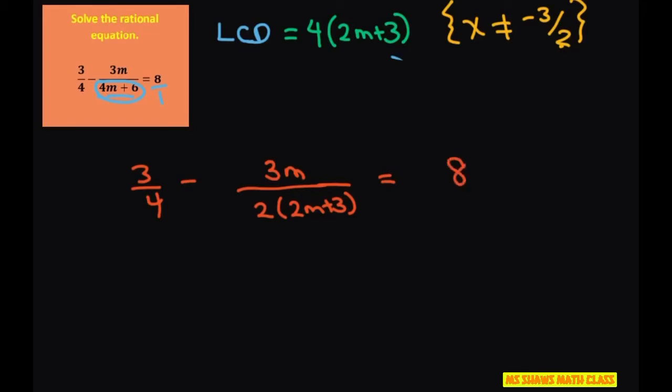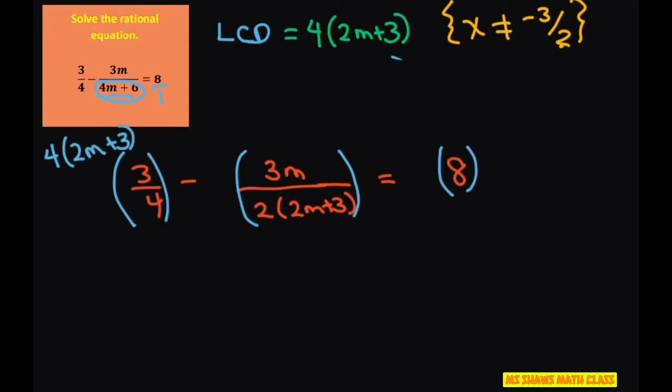Now, to clear the fractions, you're going to multiply each of these terms by your least common denominator, which is 4 times 2m plus 3. 4 times 2m plus 3, and 4 times 2m plus 3. All right, so 4's cancel, and we're left with 3 times 2m plus 3.